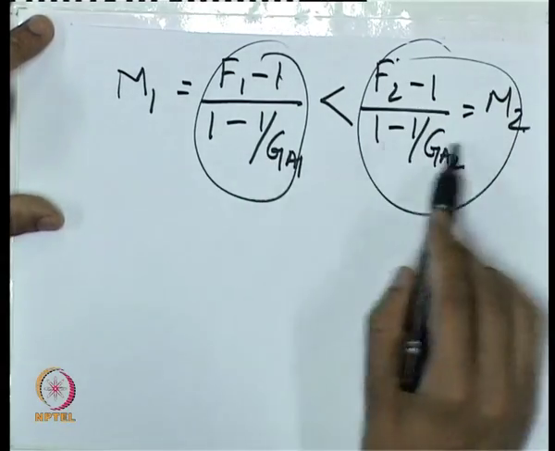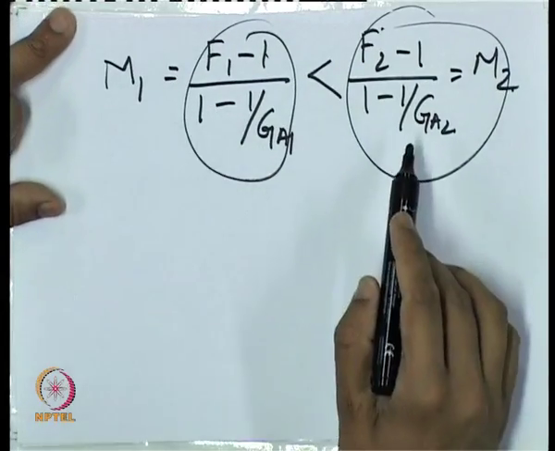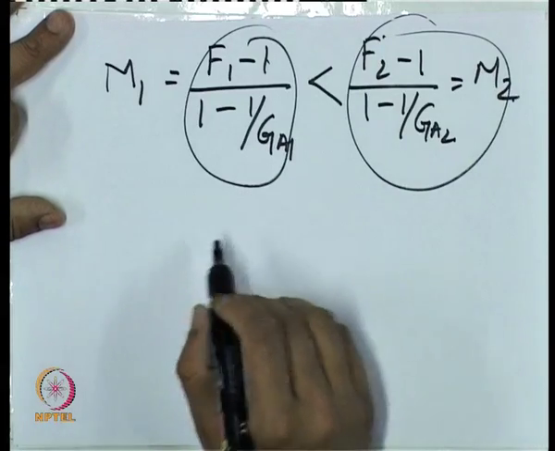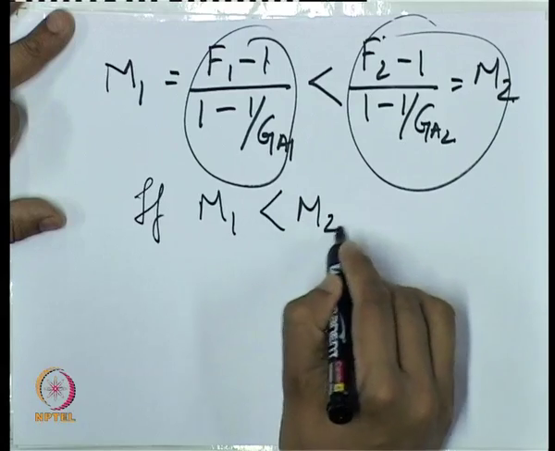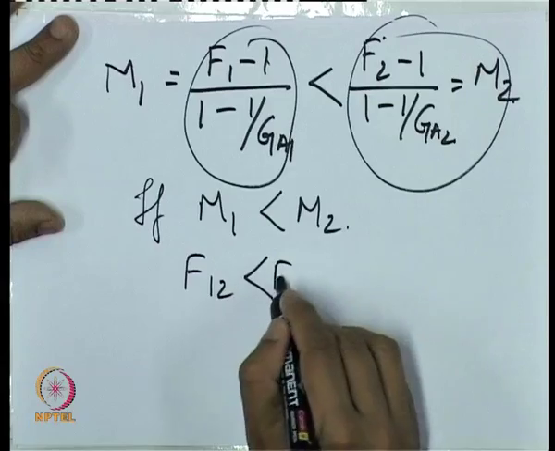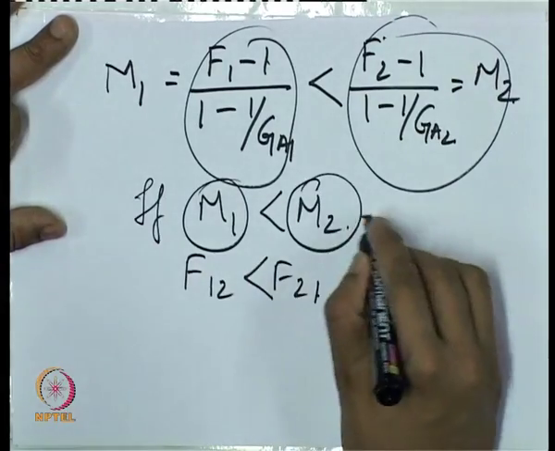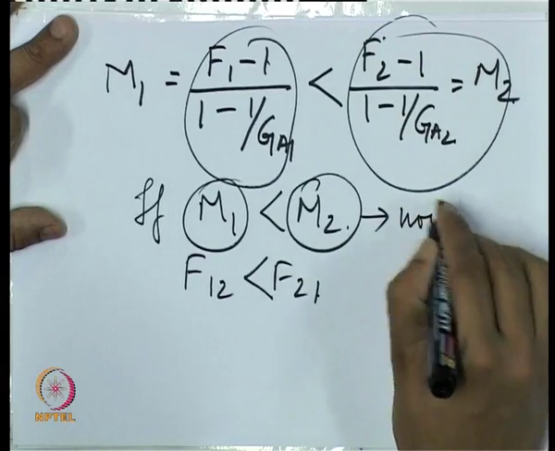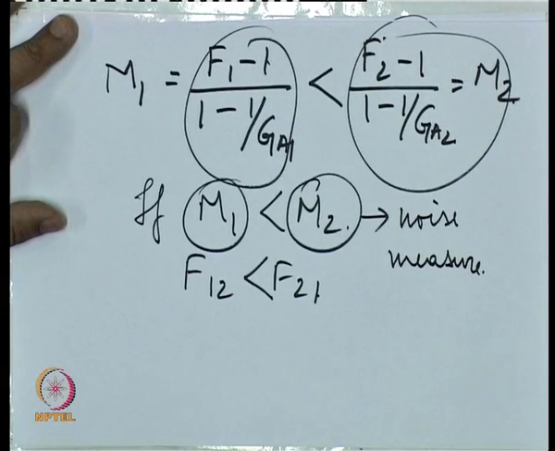Note both M1 and M2 have terms related to the first stage and the second stage respectively. If M1 is lesser than M2, then we can ensure that F12 will be lesser than F21. And these quantities, M1 and M2, are called noise measure. So we have noise figure and then noise measure.